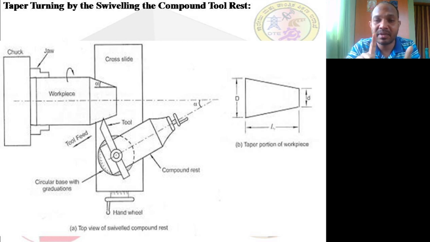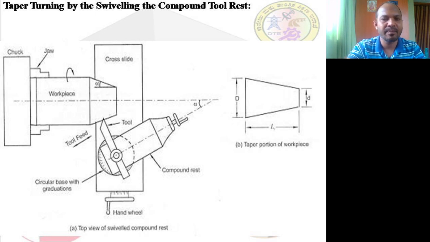Only in the tapered section, not the workpiece. I'm not worried about the workpiece over here. I'm just worried about the larger diameter in the tapered section, which is given by capital D, and small d tells us the minimum, or smaller, diameter in the tapered section. Is it clear?